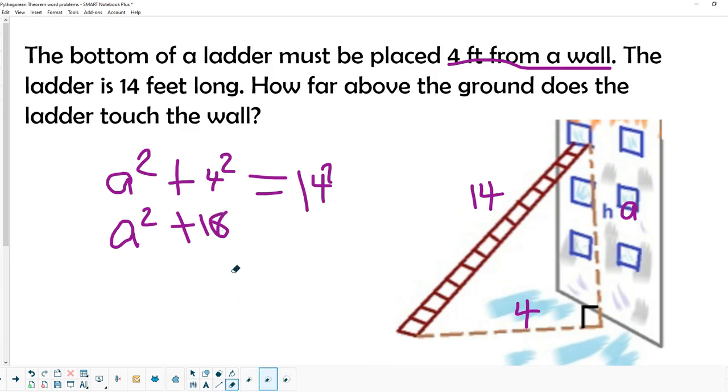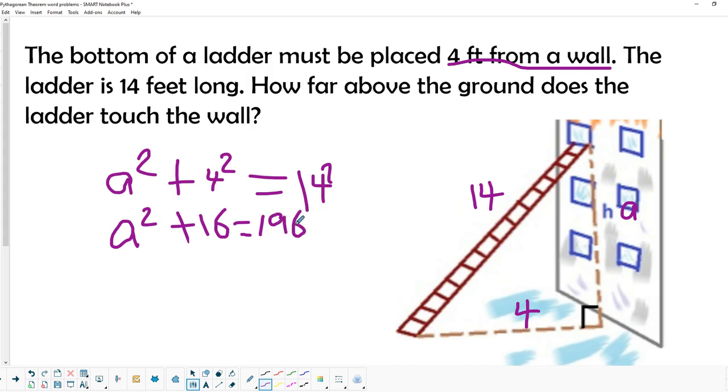We've got to make this neat. Let's get a better font there. A squared plus 16 equals 14 squared. When we do that on our calculator, what do we get? You just get 14 and hit x squared, or you can do 14 times 14, and you get 196.